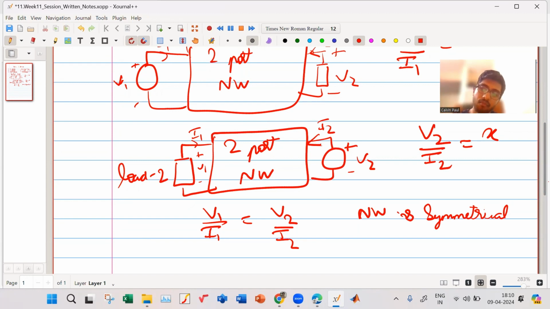So when you look into the house from the back door, it will also look the same. Then you say the house is symmetrical. It doesn't mean that inside everything is symmetrical from both directions. That doesn't always happen. But when you look into your network, it looks the same from the front side as well as from the back side. Then you say that your network is symmetrical.